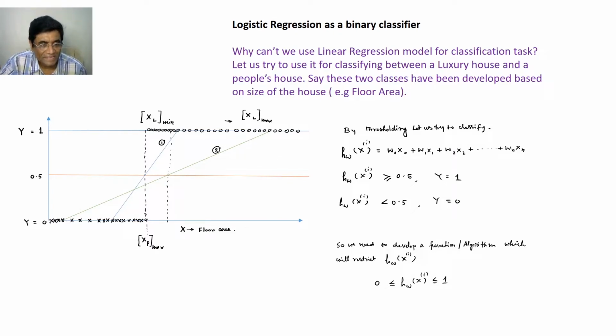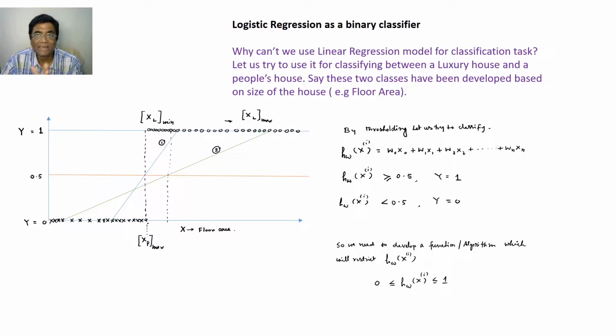So stay tuned. We have, say, floor area. We have just taken this as a feature, and then we have two classes of house: people's house and luxury house. And in between, we have decided a threshold of 0.5. Say we are just formulating our problem, because without formulating the problem you cannot classify, right?